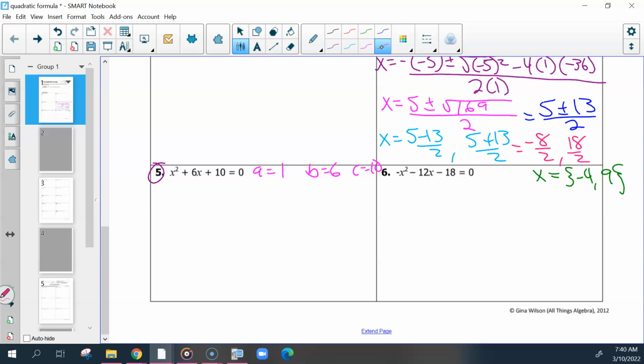And then we can put these in. So we would have negative 6 plus or minus the square root of b squared minus 4 times a times c all over 2a.